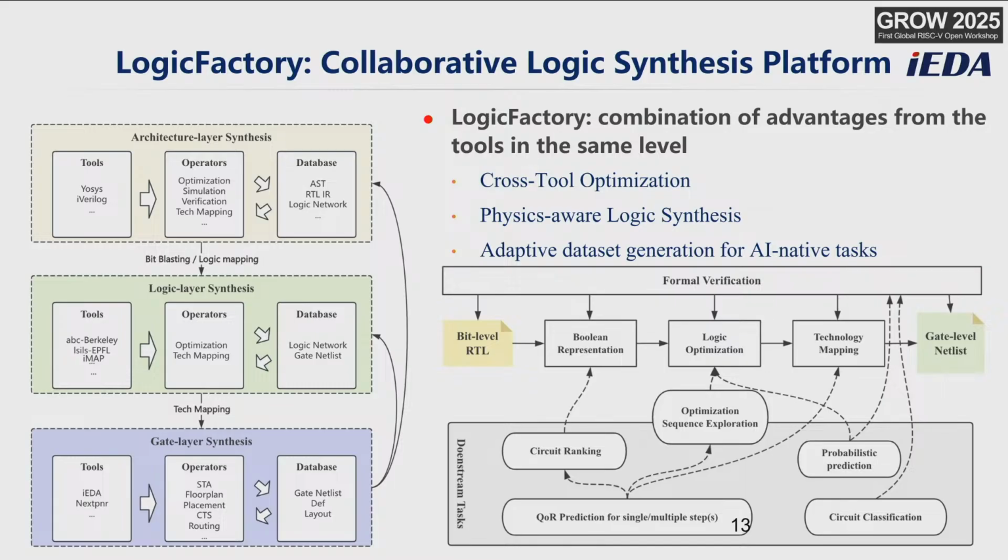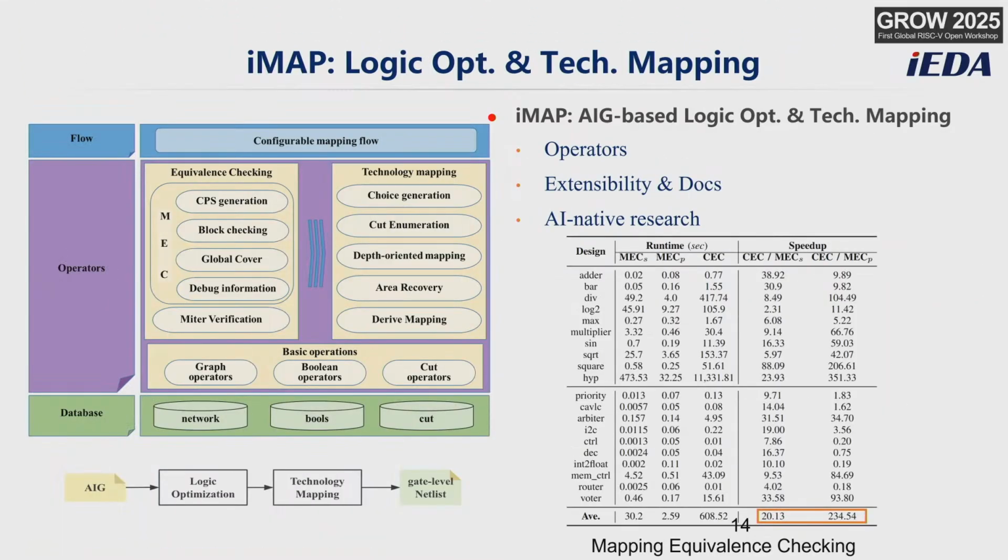It also integrates the physical tools of iEDA to enhance physical-aware logic synthesis and adaptive dataset generation for AI-native testers in logic synthesis. Okay, iMAP is focused on AI-based logic optimization and technology mapping. It is very extensible and has rich docs.